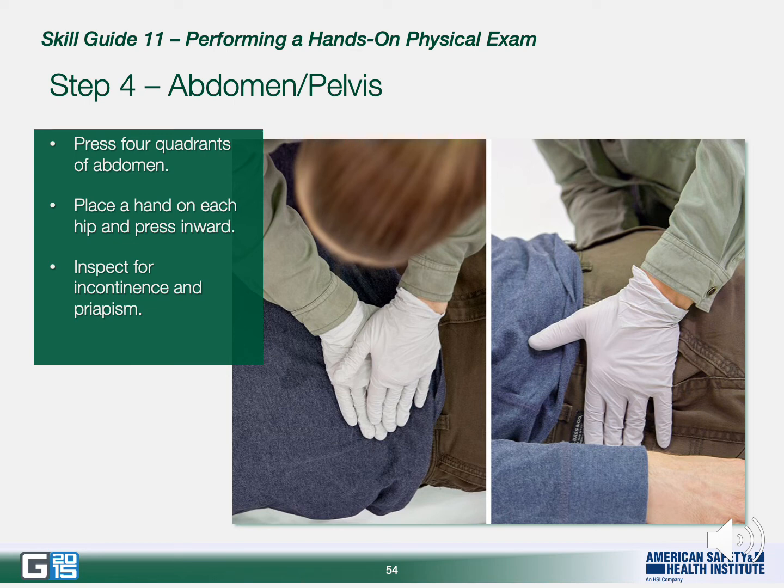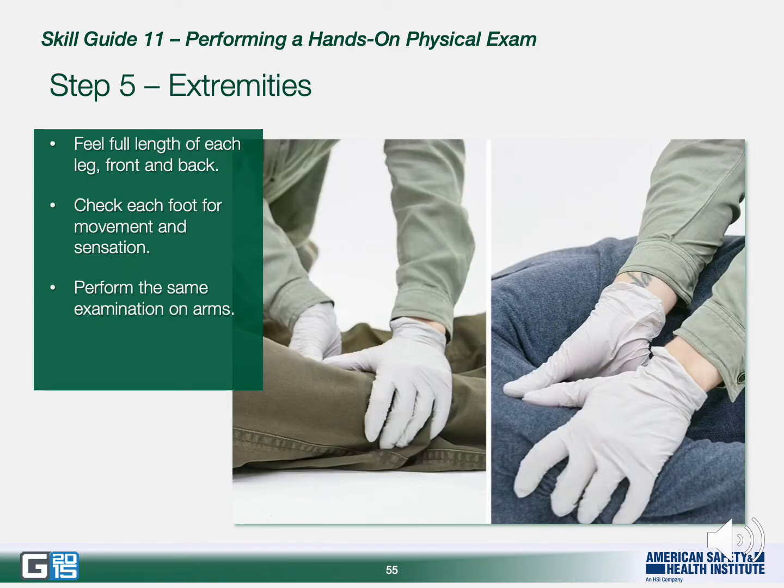Now you're going to check the abdomen and the pelvis. You're going to press down on the four quadrants of the abdomen. Place a hand on each hip and press inward. Inspect for incontinence and priapism. So now you're going to check the extremities. So feel the full length of each leg, front and back.